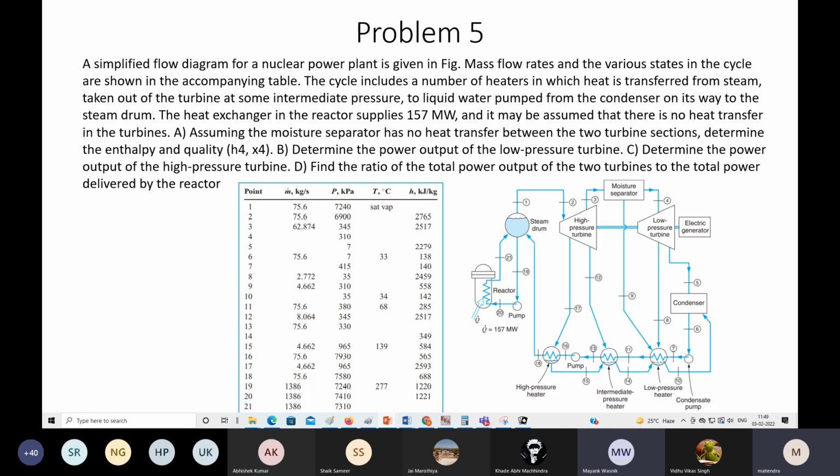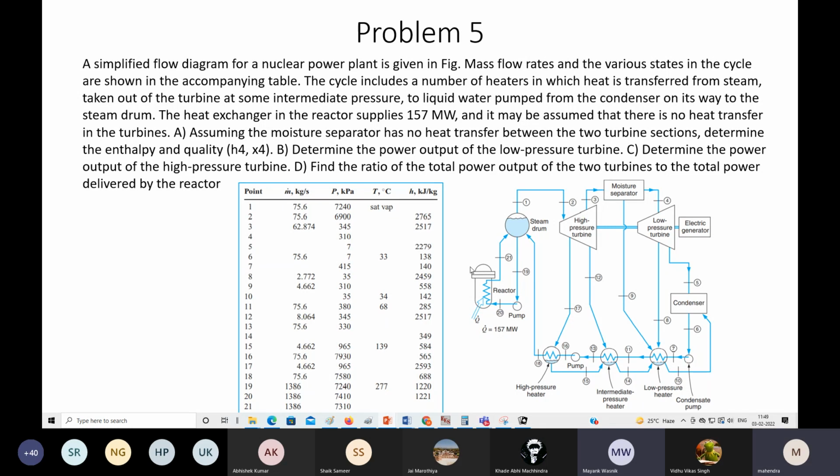Okay, so this is a typical nuclear thermal power plant. In the case of a nuclear plant, there is only a replacement of the energy source, nothing more. In a conventional thermal power plant, we burn coal to generate the heat, and that heat is used for producing the steam.